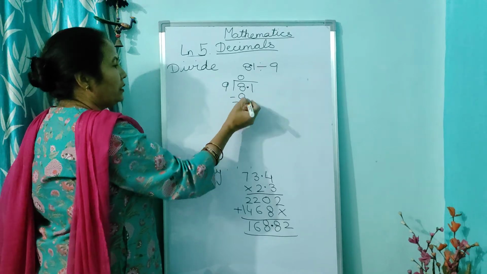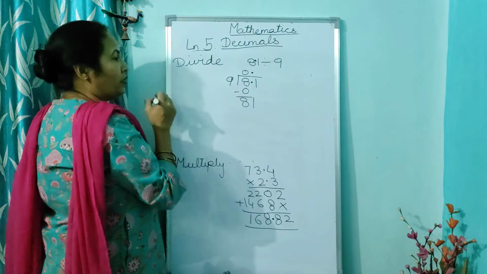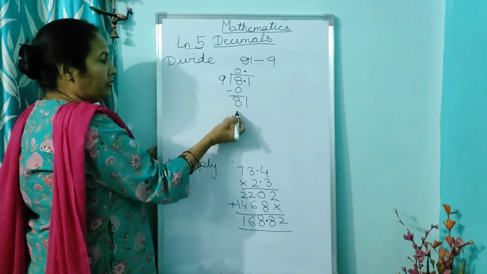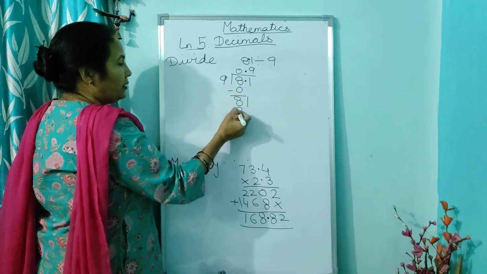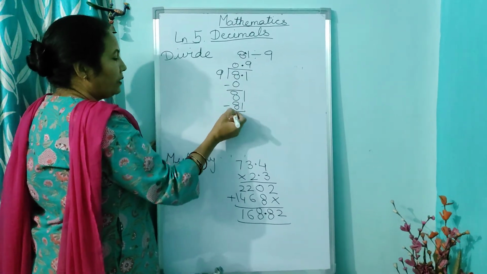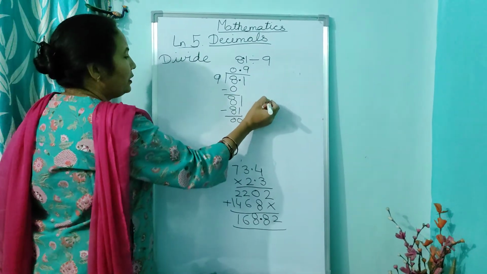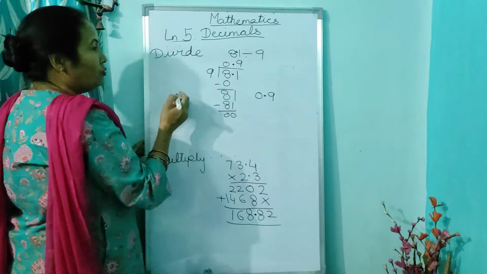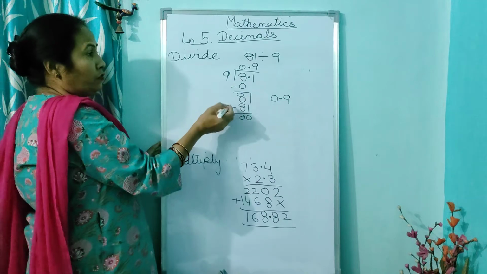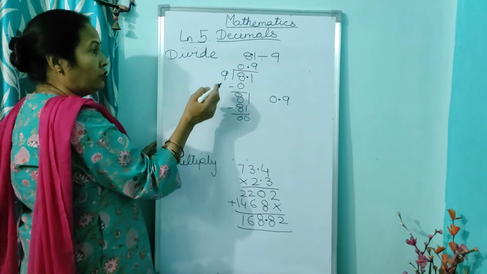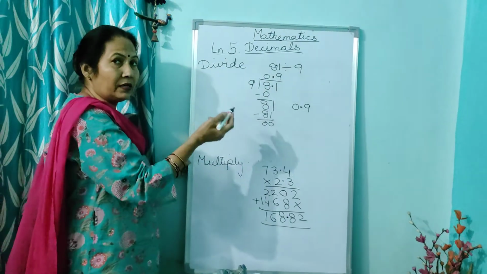Bring down 8. Now you will put the decimal point here and bring down 1. Now you will divide 81 by 9. 9 9s are 81. And subtract, you will get 0, 0. What is your answer? 0.9. So you see here that the decimal point doesn't change. It will be in the same place, only you have to see where you have to put the 0 and where you have to divide and write the answer.